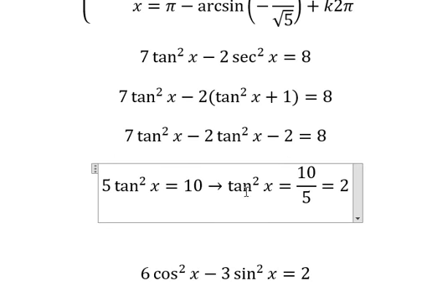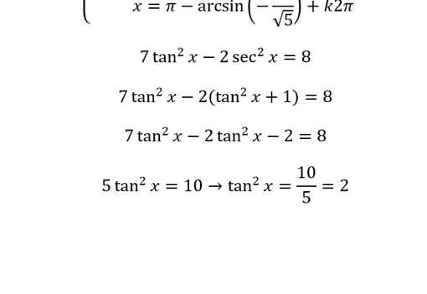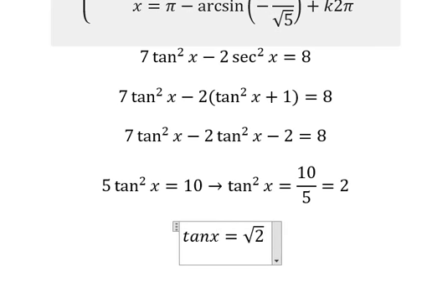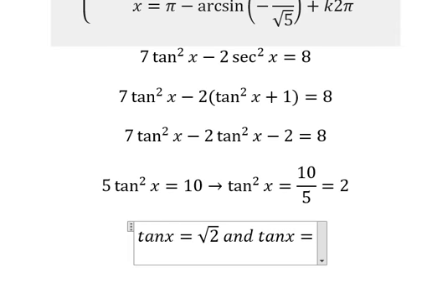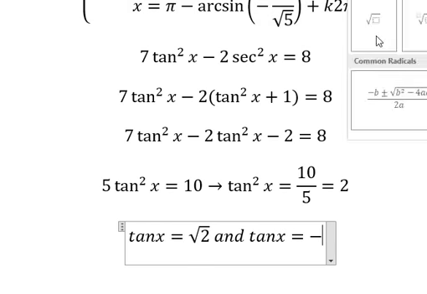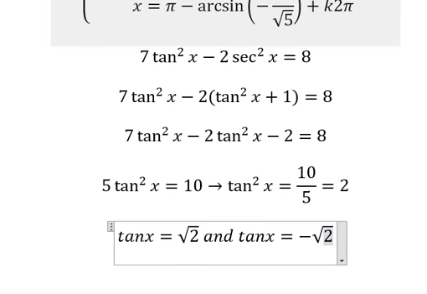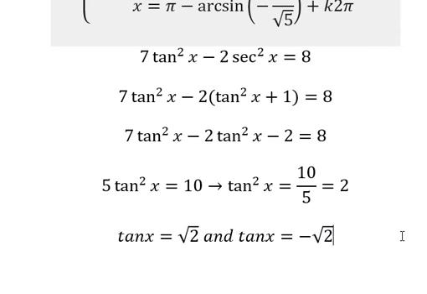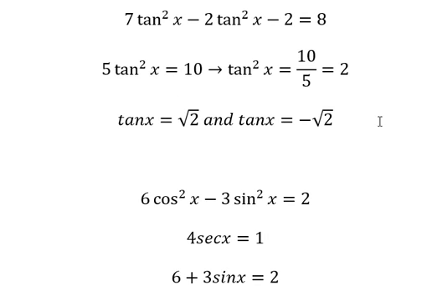Later we take the square root of both sides, and we got tan x equals the square root of 2, and tan x equals negative the square root of 2. So we will have 2 solutions in here.